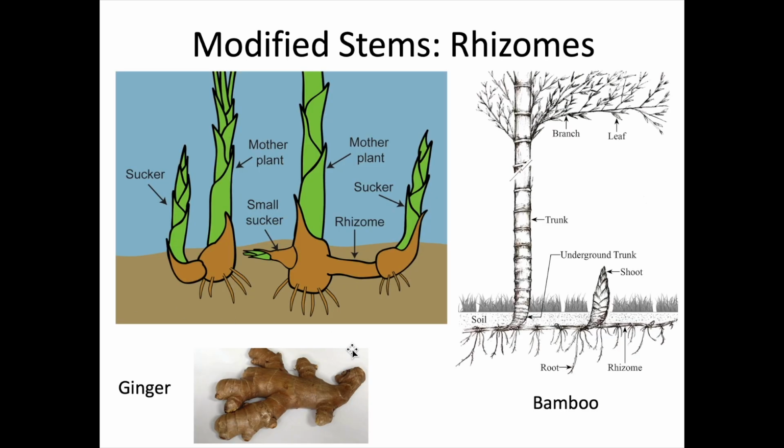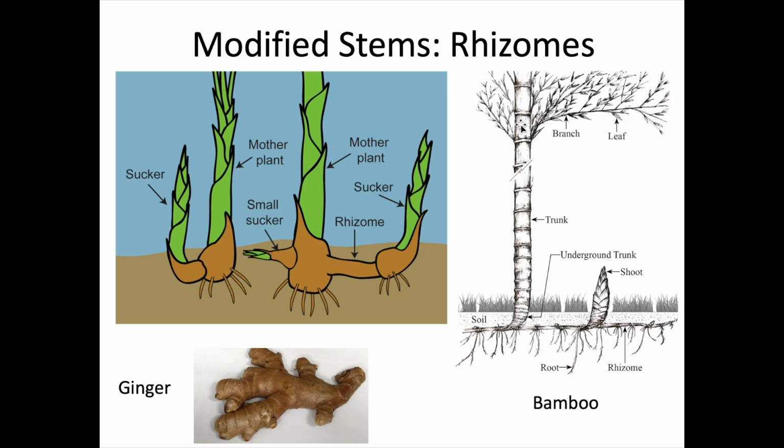Why would you want to do this? Well, at the nodes here, new plants can originate, or new shoots can originate from these nodes. So yeah, bamboo is great at doing this. You may walk into a cluster of bamboo, a small bamboo forest or break, I think is what it's called, and it may look like there are 30 different bamboo plants growing out of the ground.